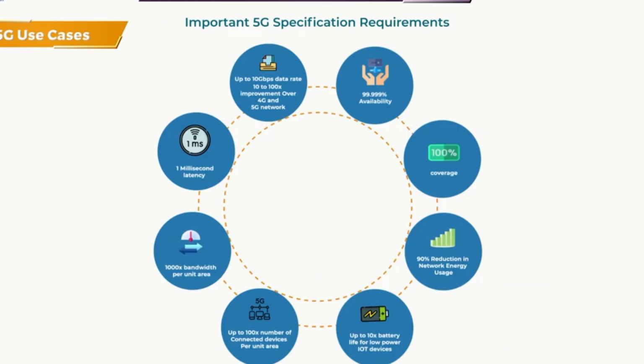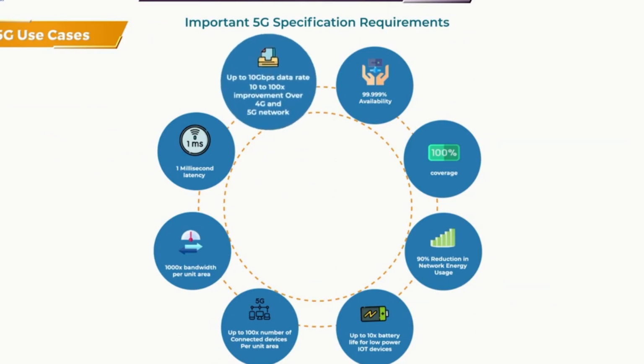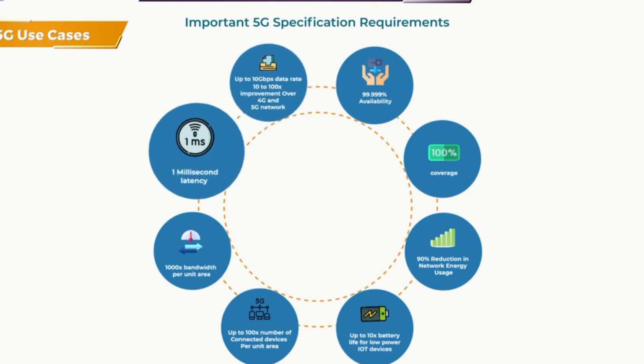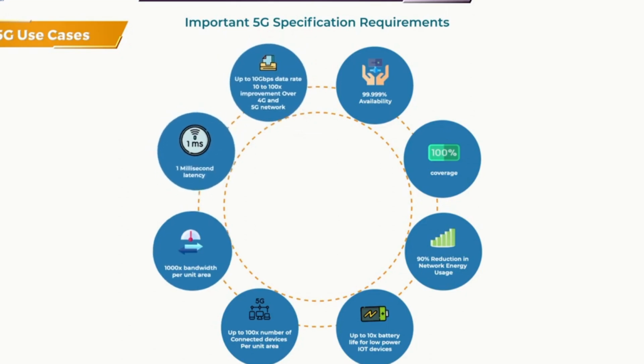5G technology is driven by 8 specification requirements. Those are: first, up to 10 Gbps data rate, which is a 10 to 100 times speed improvement over 4G and 4.5G networks. Second, 1 millisecond latency. Third, 1000 times bandwidth per unit area.